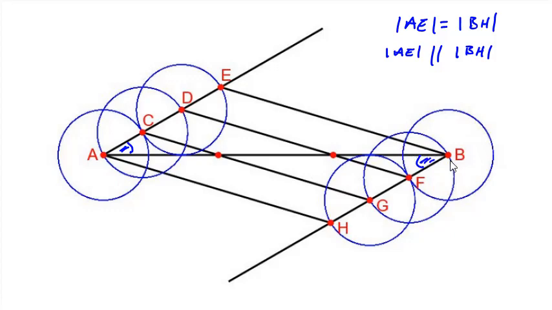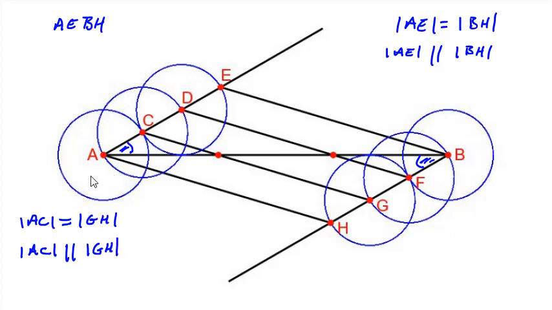So, since BH and AE are parallel and congruent, or of equal length, that tells us that we have a parallelogram AEBH. Okay? Now, by similar argument, we can say that AC has the same length as GH. Also, AC is parallel to GH.